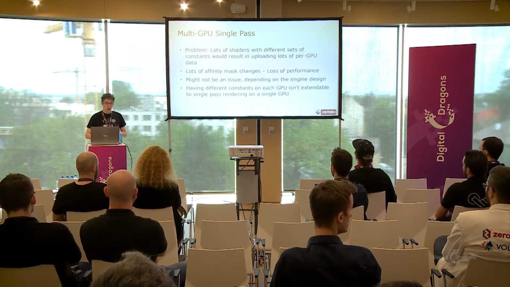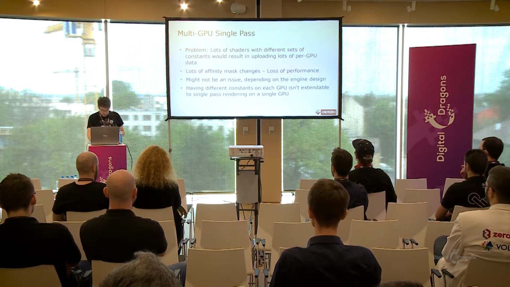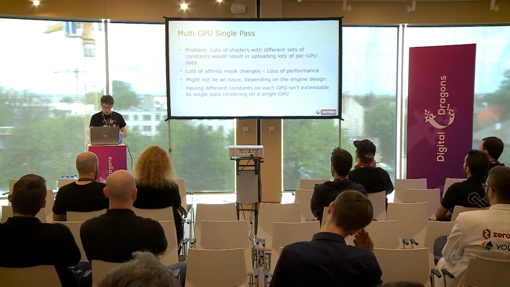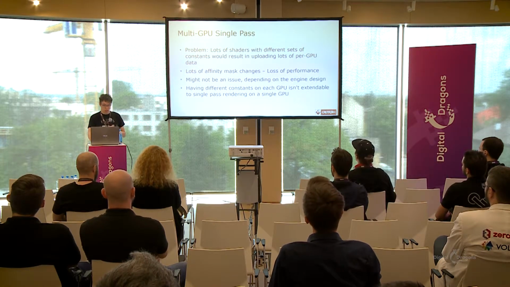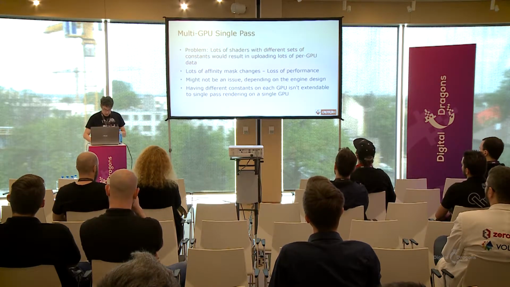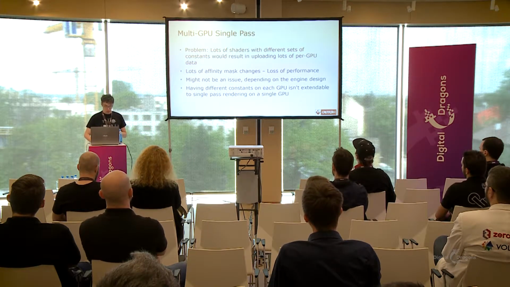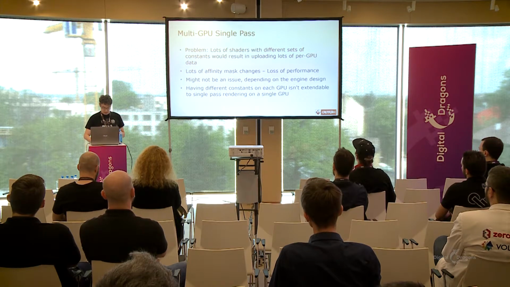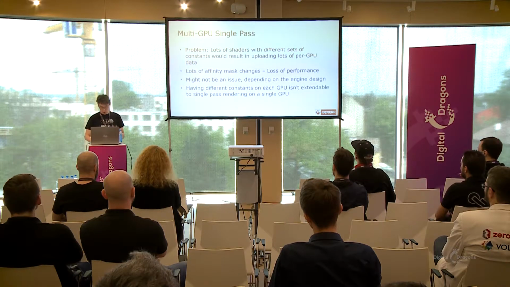So this was a lot better than our last approach, but we still had a problem. The problem for us was a large catalog of shaders that all worked with different sets of constants. In our engine, each shader has constants in different locations. So a view matrix in one shader can be in one location, on the other shader in a completely different location.